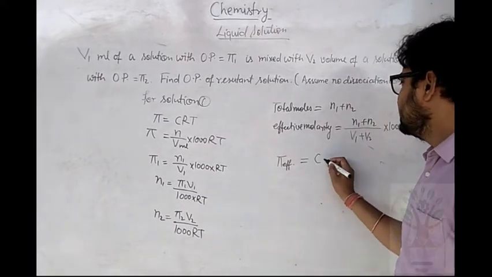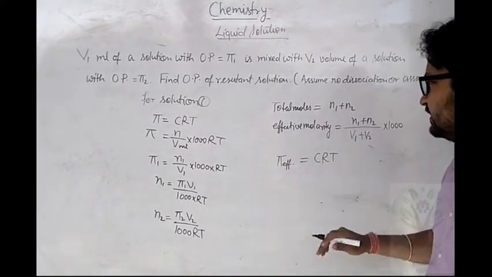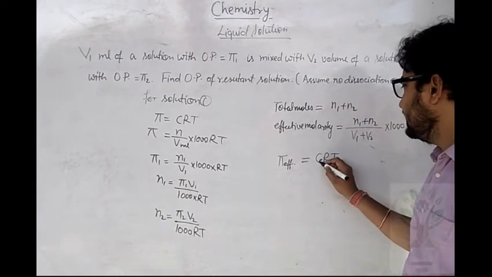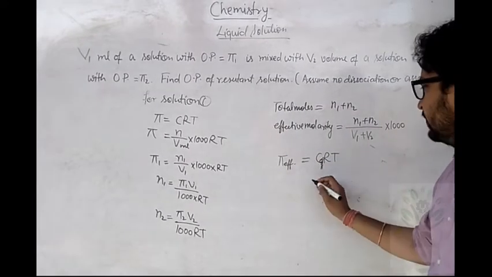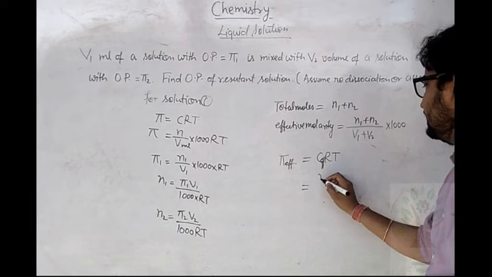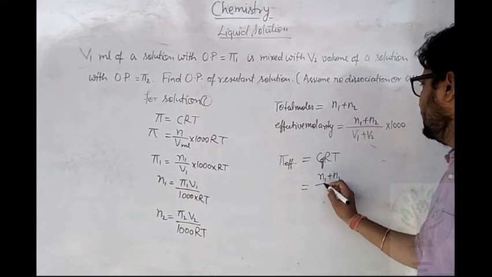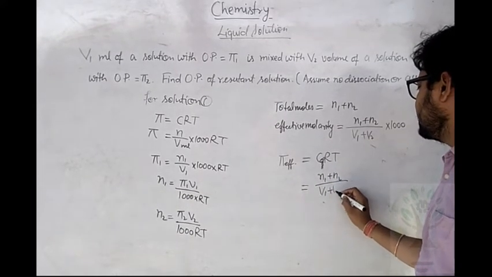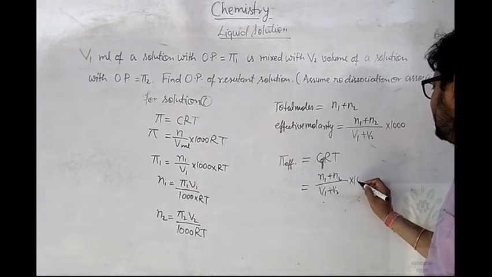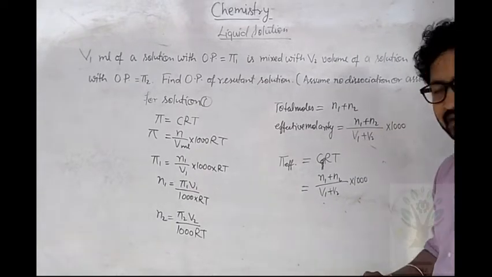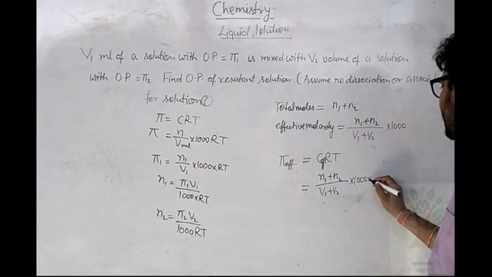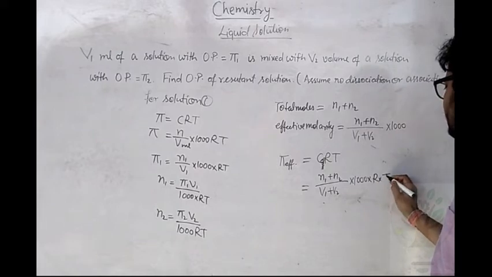It will be CRT. What is C? C is effective molarity. Let me write here EFF. I am writing here N1 plus N2 divided by V1 plus V2 multiplied by 1000. Are you getting this thing? Multiply by R into T.